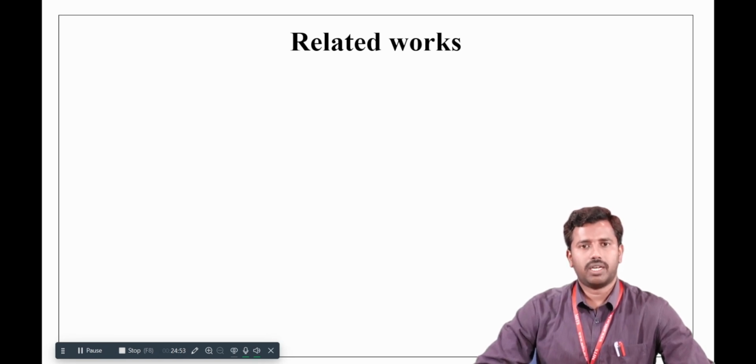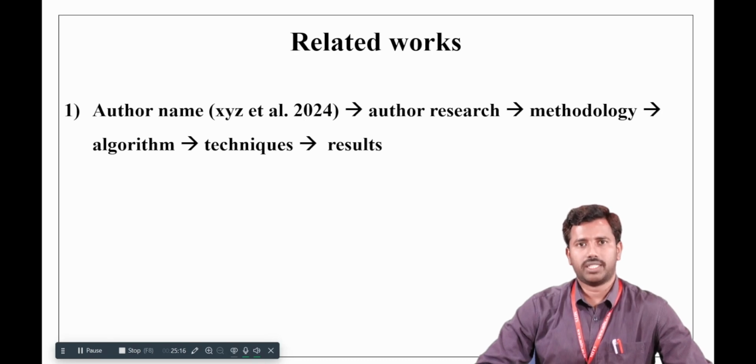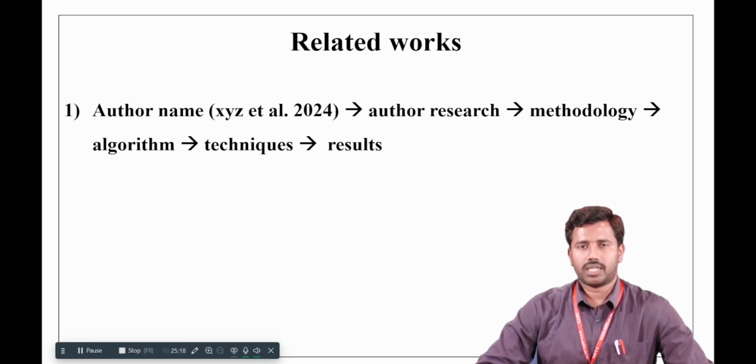Now coming to the literature survey. Here you are maintaining the entire summary about the research works. For example, who is the author, in which year it was published, the methodology of the work, what is the advantage of this work, what are the algorithms, what are the results of this work, followed by limitations. Generally, we should not talk about the limitation of the existing work as a starting statement.